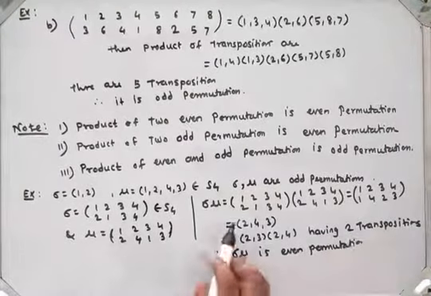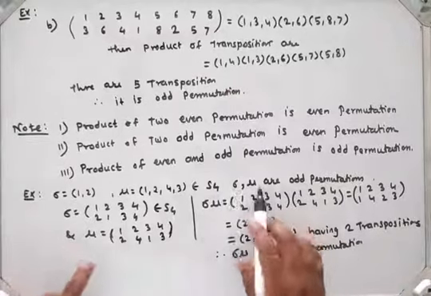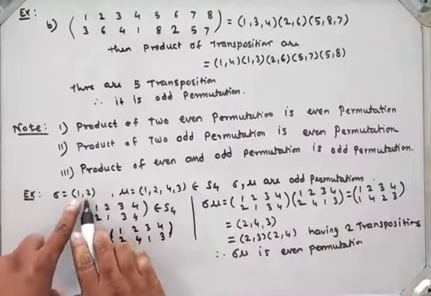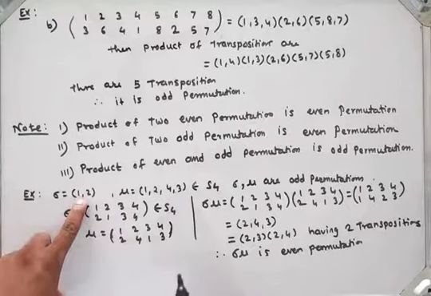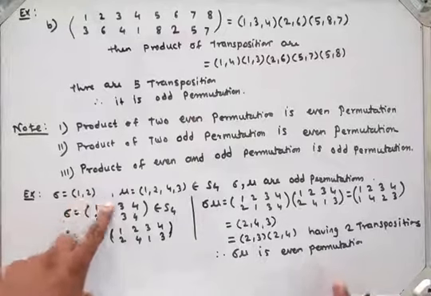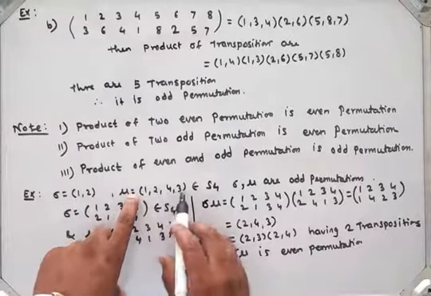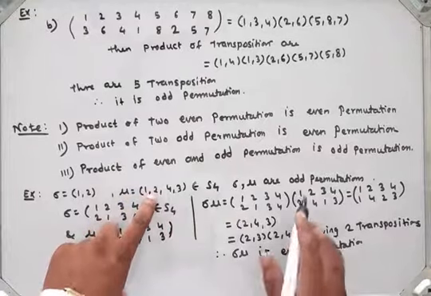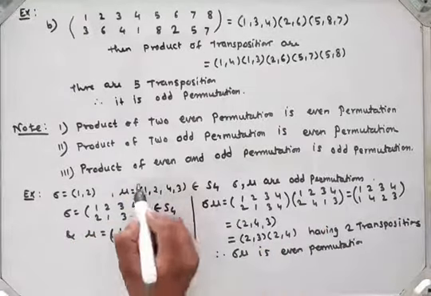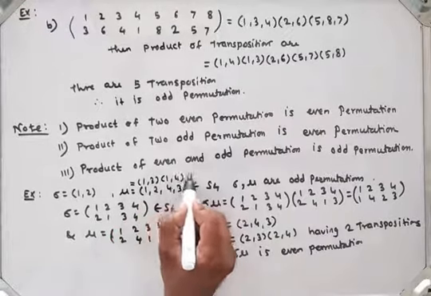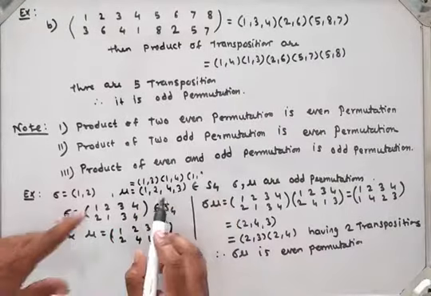So here sigma is an odd permutation, mu is an odd permutation, because sigma has one transposition, which is an odd permutation, and mu equals 1 2 4 3 is again an odd permutation, because this can be written as 1 3, 1 4, 1 2.